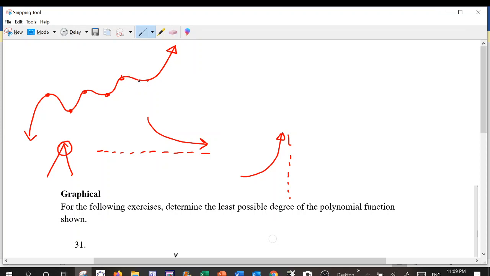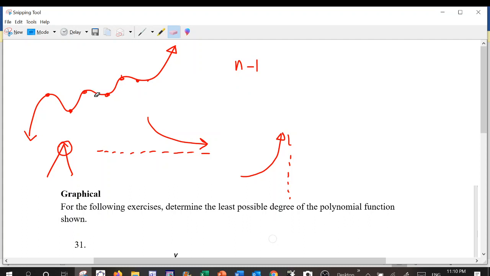So there's a turning point somewhere right there. Comes down and then goes up. That changes behavior. So 1, 2, 3, 4, 5, 6. There's a theorem that says a polynomial of nth degree can have n minus 1 turning points, right?